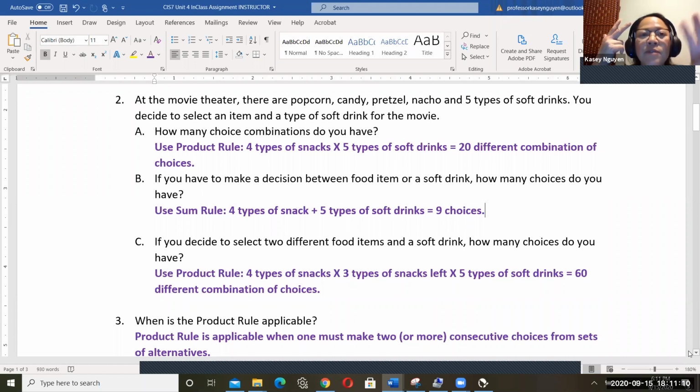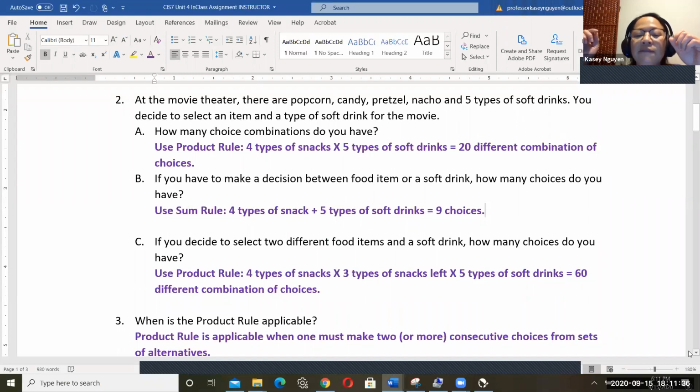So that means I would take 4, that's the initial set to choose from. Once I select one item that leaves 3, so I would multiply it by 3, 4 times 3. That would take care of the snacks. And then we have to make one choice out of the soft drinks, the beverage.